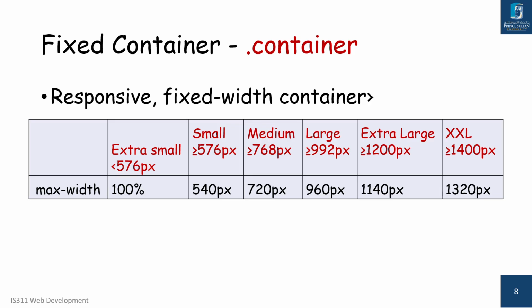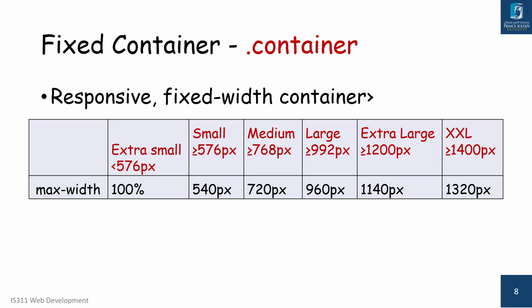It will leave some margins on the right and left side, on top and bottom, but that is the size, 100%. But if the size is less than 576, small, then the width of this container will be equal to 540 pixels.